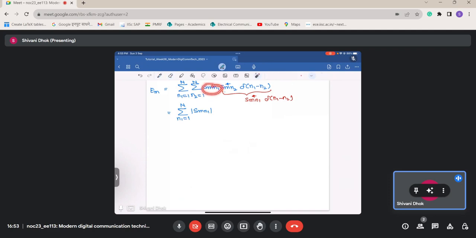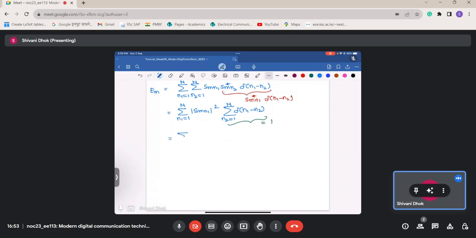This SMn1 and this SMn1 conjugate together will contribute magnitude SMn1 square, summation n2 equal to 1 to capital N delta n1 minus n2, and this thing is equal to 1 because summation of impulse over its range will be equal to 1.